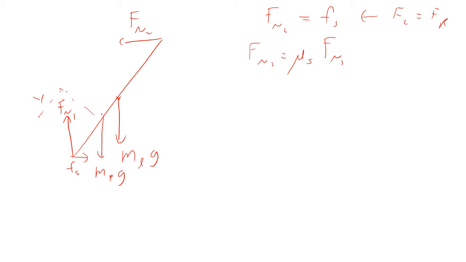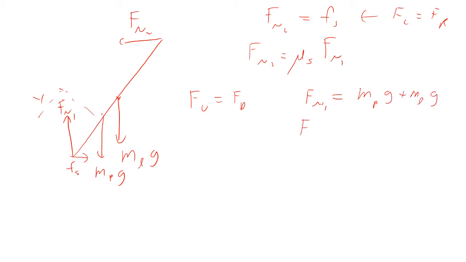Now we want to do force up equals force down. Force up is going to be Fn1. Force down is going to be the mass of the person times G plus mlg.